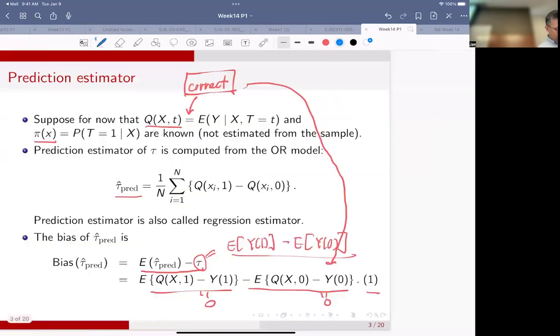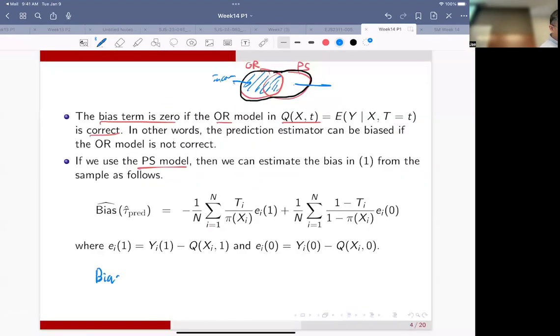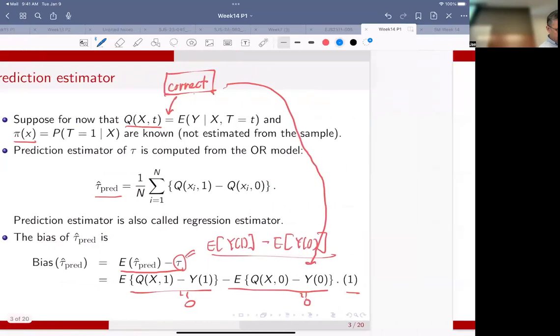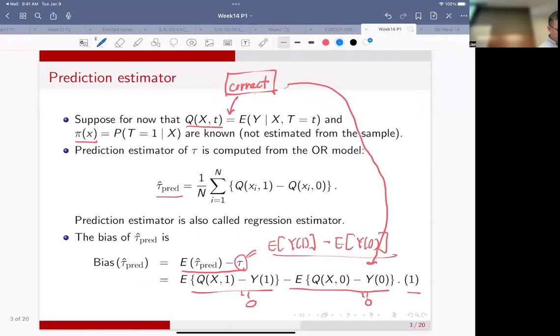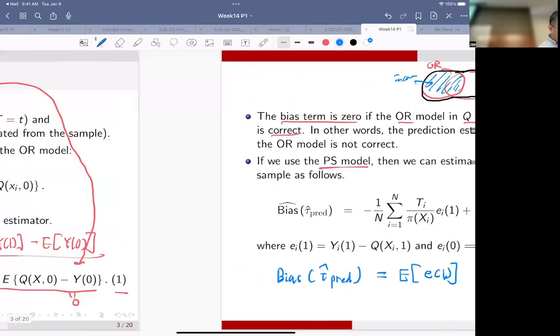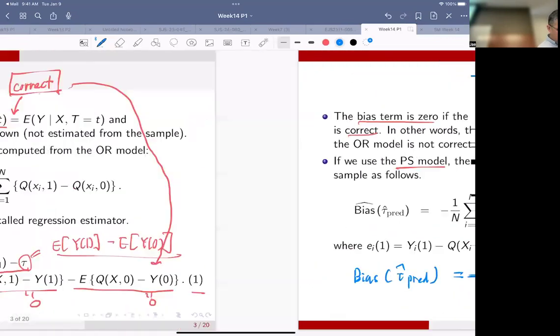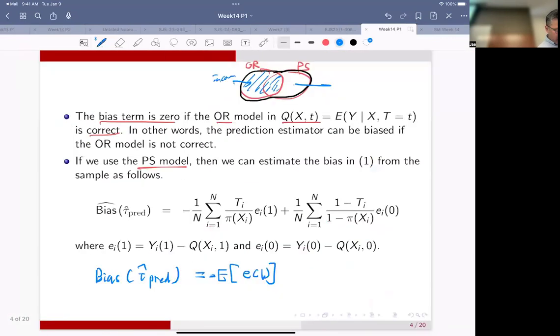what is the bias? Let me write down the bias form. It is the expected value of E1 minus, and then plus the expected value of E0.